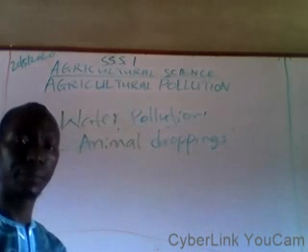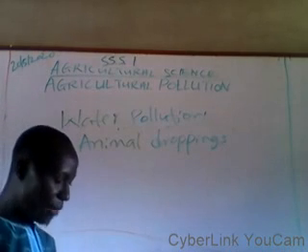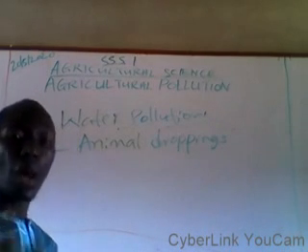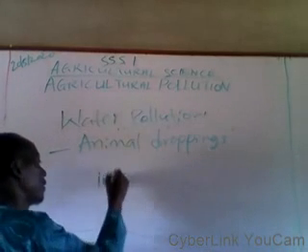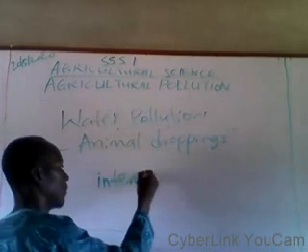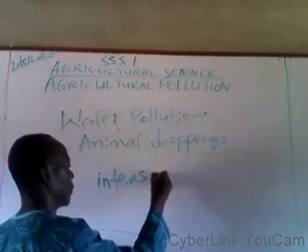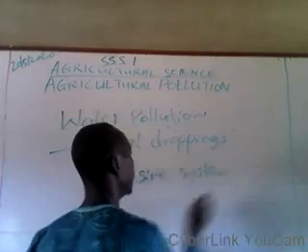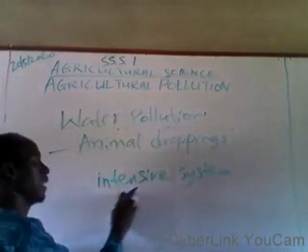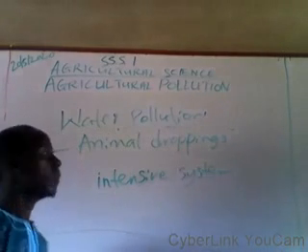How do you control them? The control of animal droppings is, one, by making use of an intensive system of animal production.